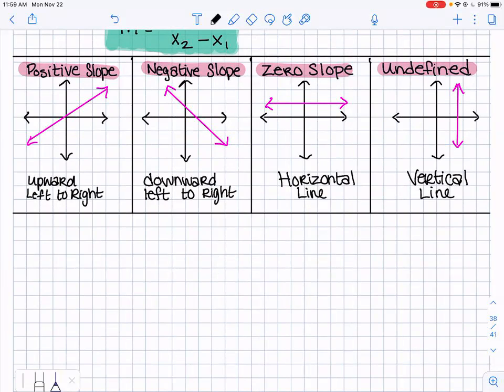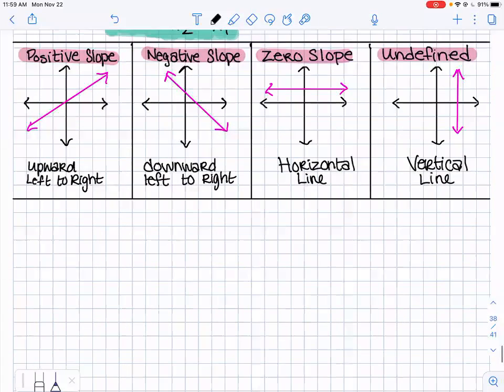So we are going to learn how to do this 3 ways. First, from a table, from ordered pairs, and from looking at a graph. Okay, so we're going to start with slope from a table.